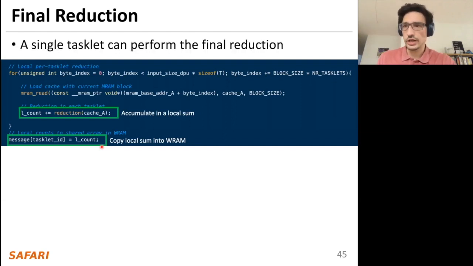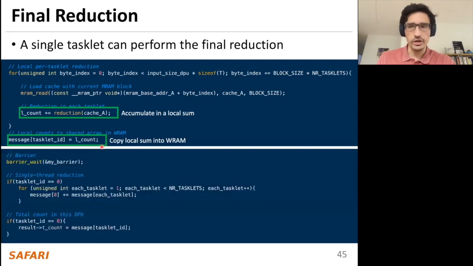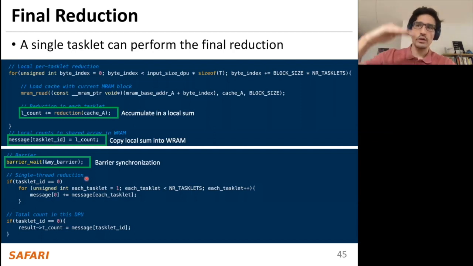Instead of using the 4 tasklets that we had in our figure, let's use just one single tasklet, for example, the tasklet with ID equal to 0. After all other tasklets have finished the computation, we use a barrier to make sure that all of them are done with the previous part of the program.